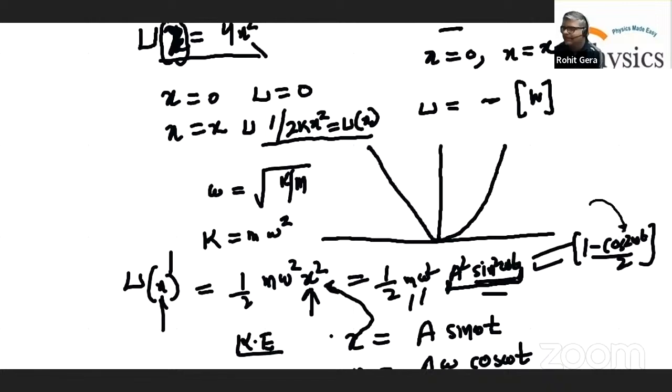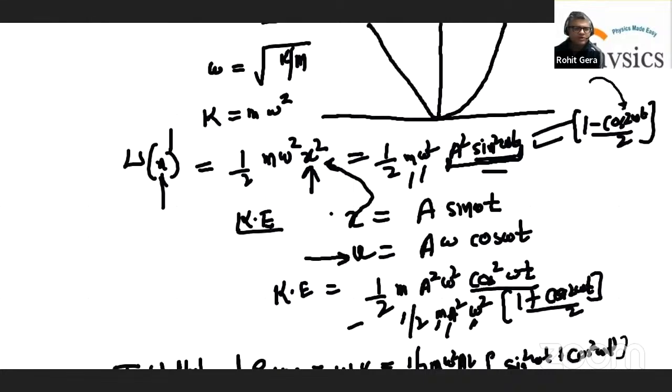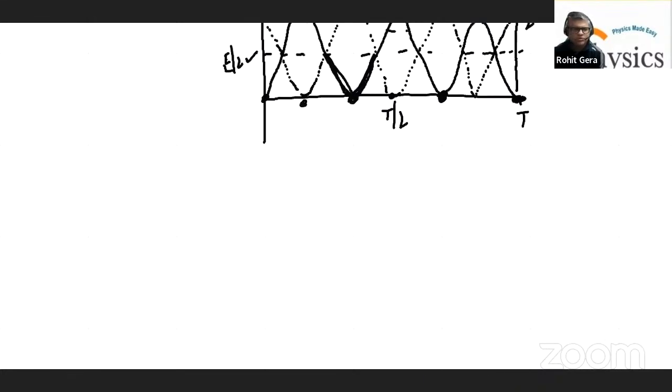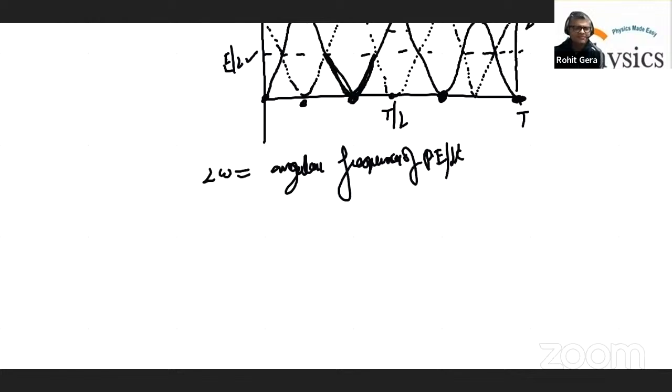So energies are periodic. Okay, and the angular frequency of the potential energy and kinetic energy is 2 omega. 2 omega is the angular frequency of PE and KE. They are not SHM, but they are periodic functions because they do demonstrate an occurrence of cos 2 omega t in them.